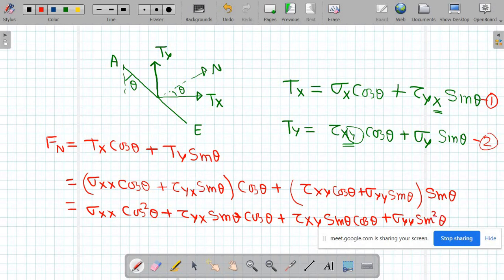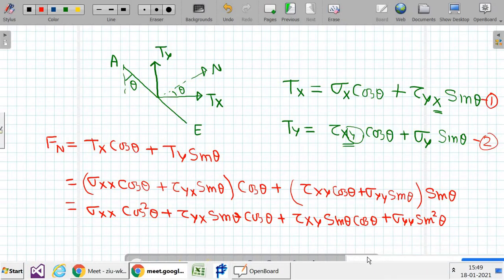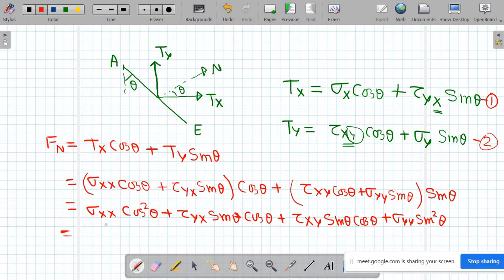Now you can look at this expression. Okay, so after rearranging this, I can write sigma xx cos square theta plus sigma yy sine square theta plus, now here there are two components, shear yx and shear xy.